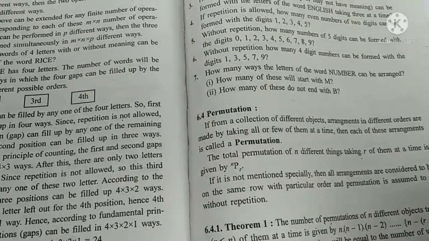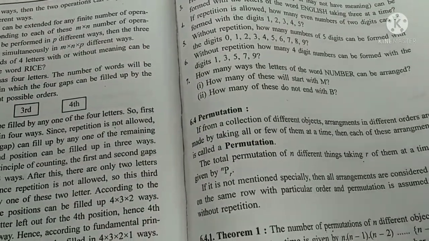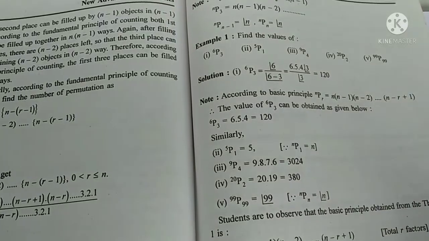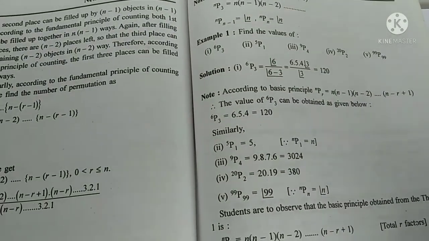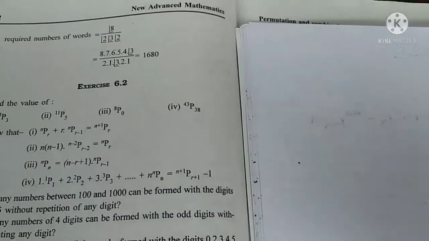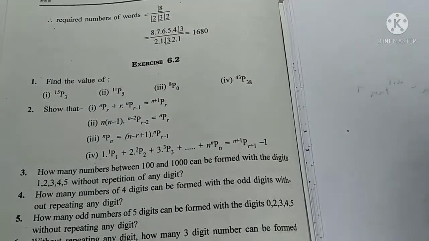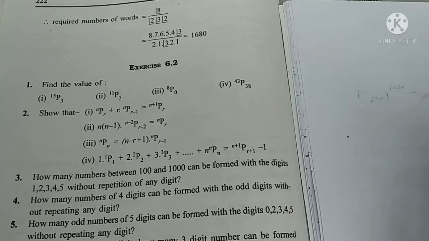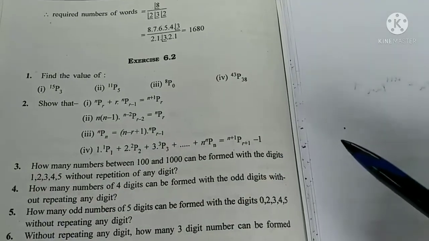And r represents the number of data taken at a time, or in this case the numbers.